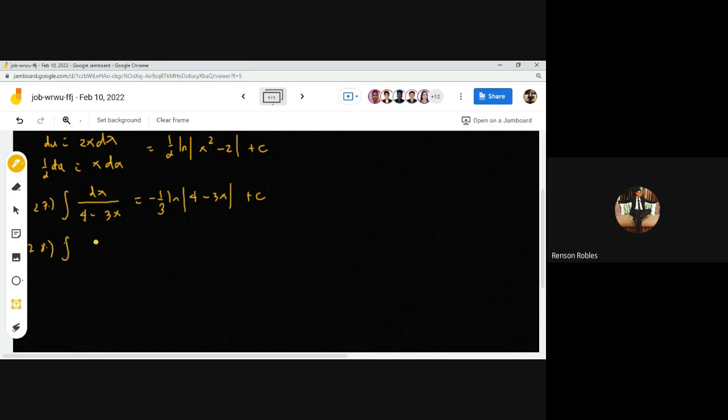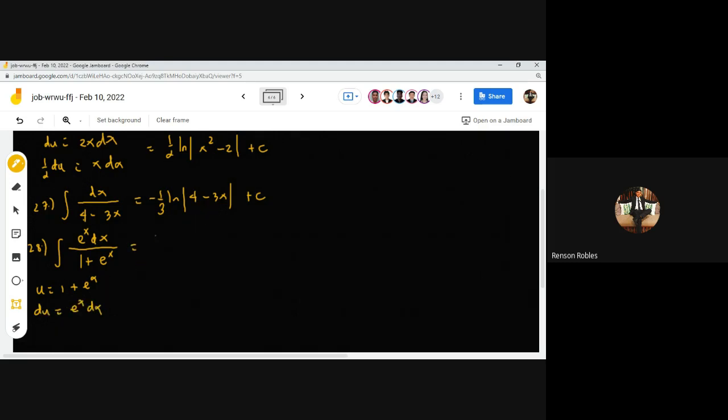Integral of, say, dx e to the x all over 1 plus e to the x. So let u be equal to 1 plus e to the x, and du is e to the x dx.